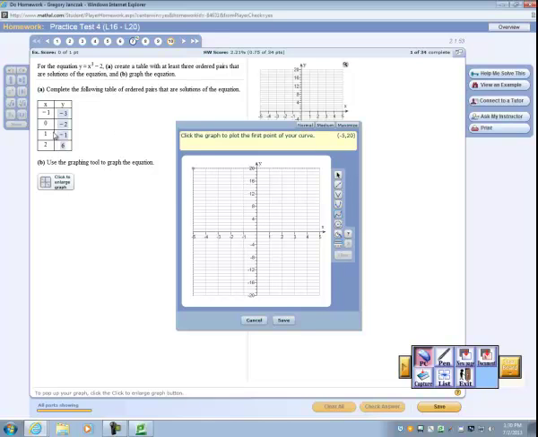And so we would put in here -1, -3. 0, -2, and 1, -1. I would go to 2, 6.